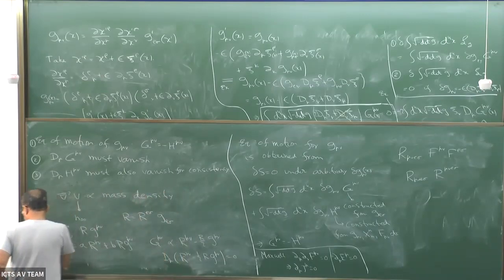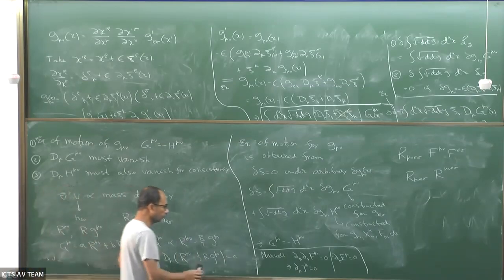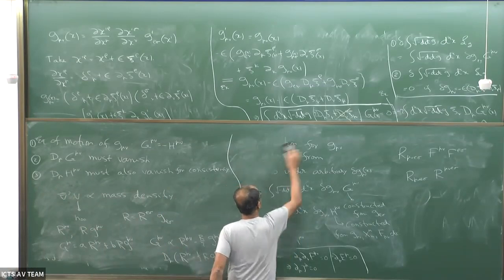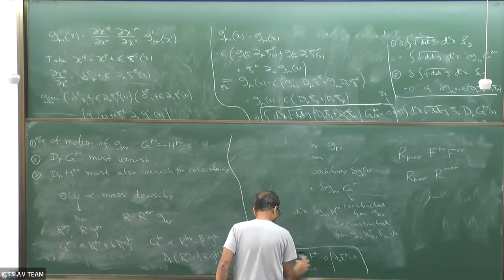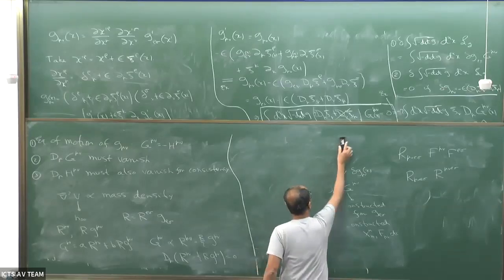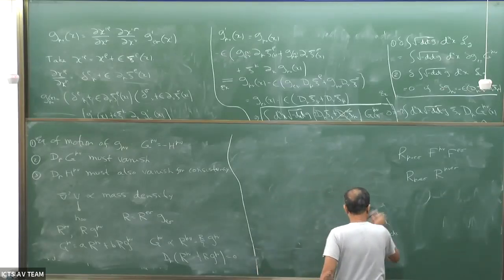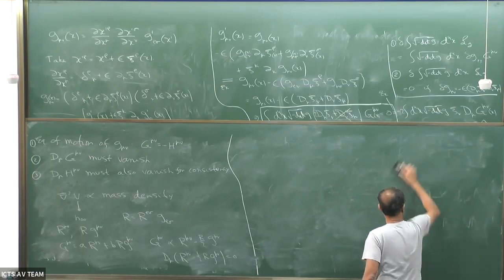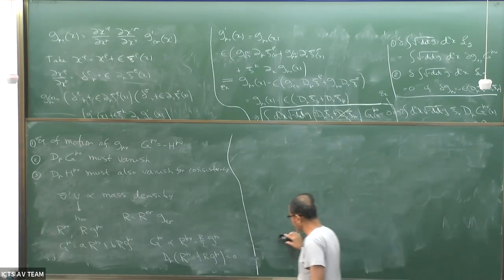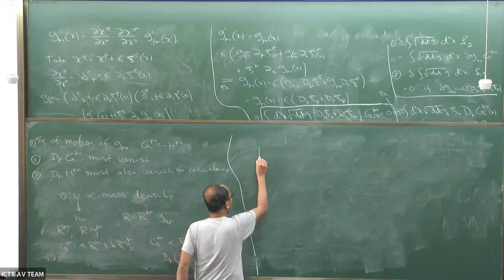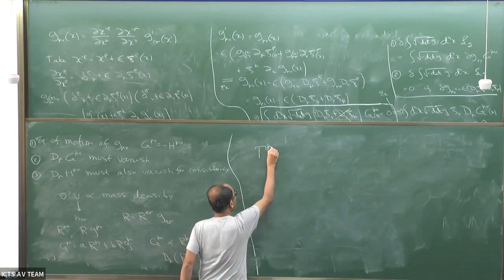So let me write the right hand side. On the right hand side, what we have is T mu nu.